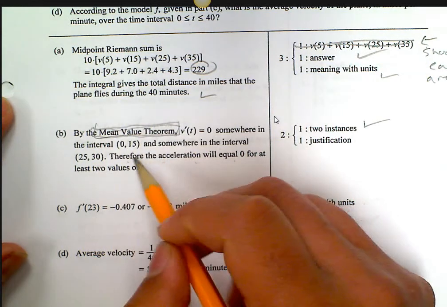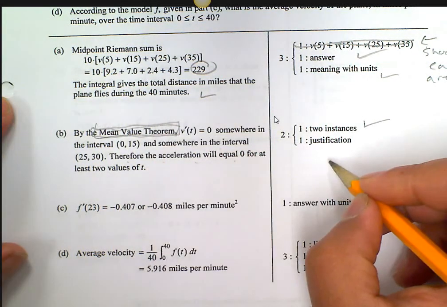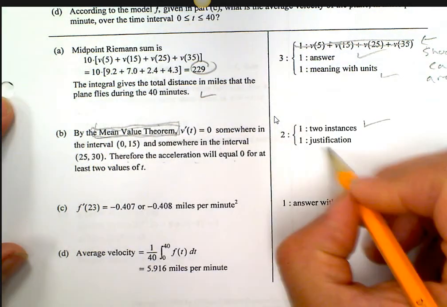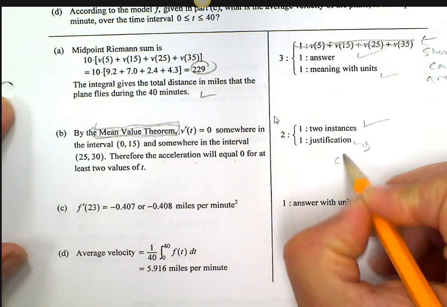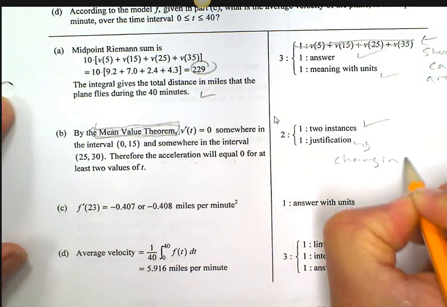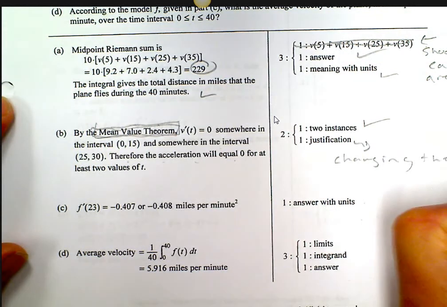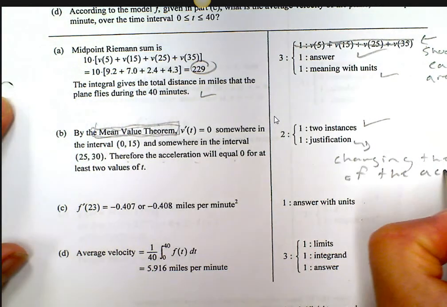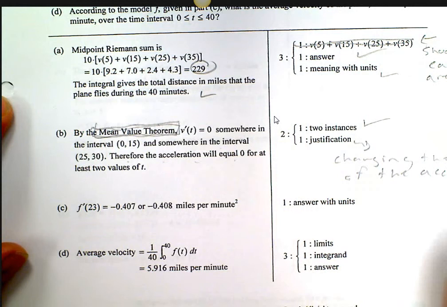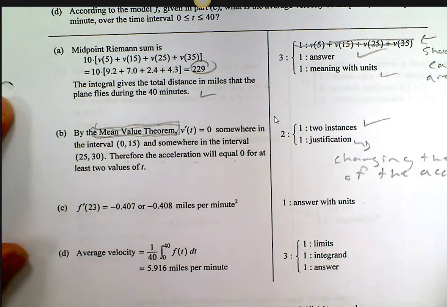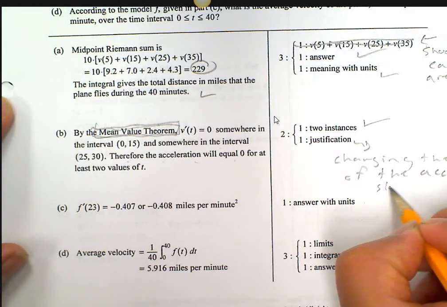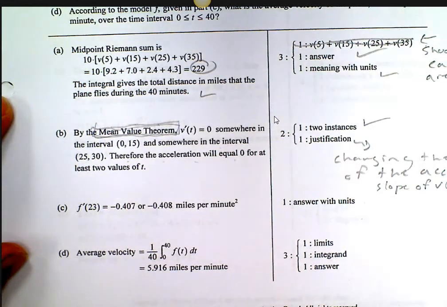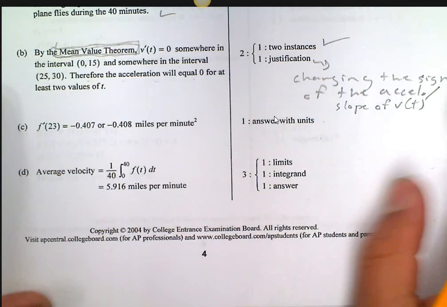Well, what we did, instead of using the mean value theorem, we just talked about changing the signs of the acceleration, or changing the signs of the slope of the derivative, slope of VT. Okay, so guys, let's just finish this up real quick.